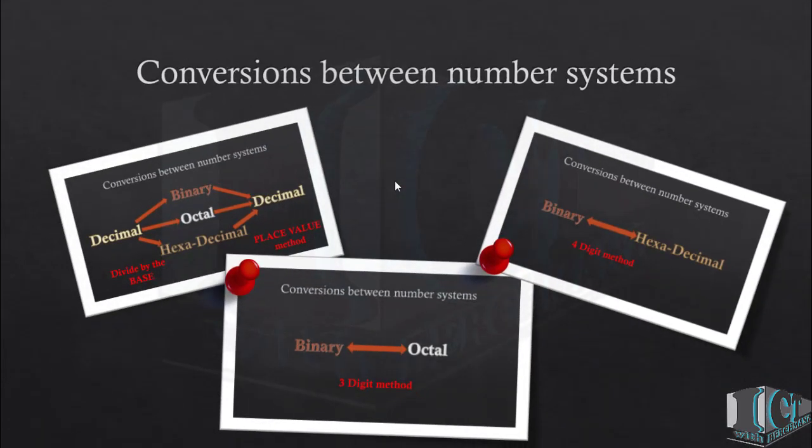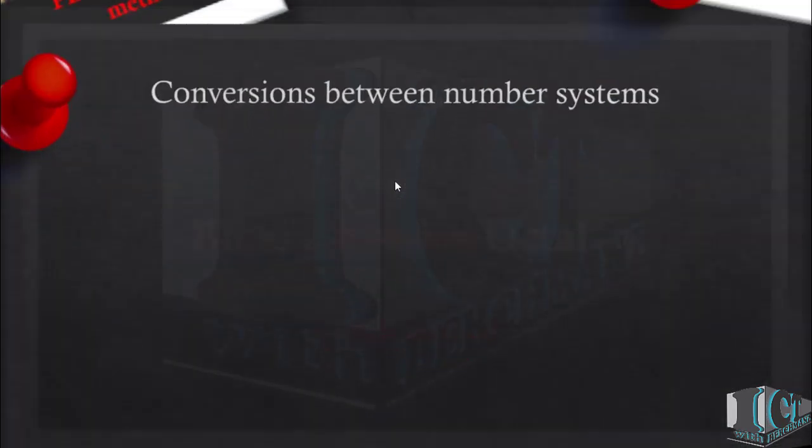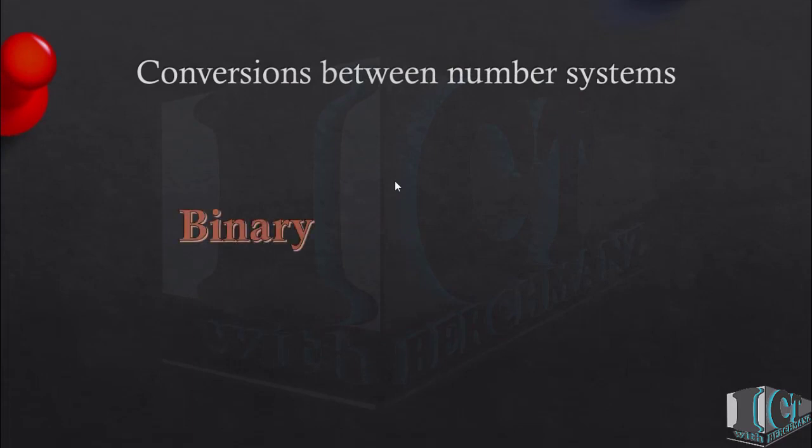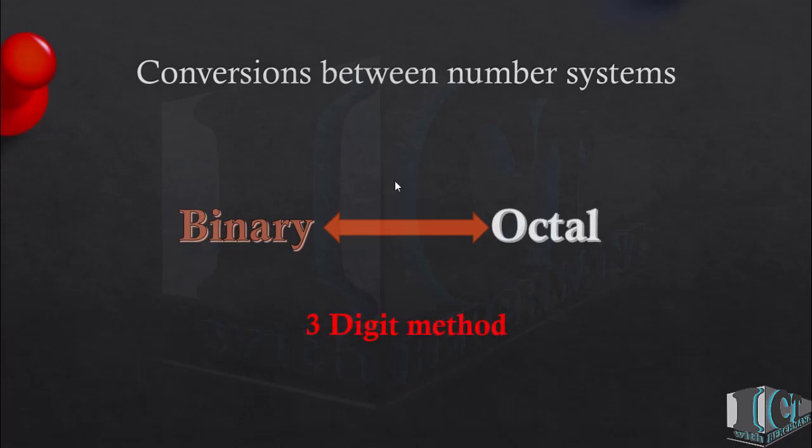Then the next method, conversion between a binary number and an octal number, or an octal number to a binary number. 2 conversions here. In both these conversions, I am going to use a method called the 3-digit method.